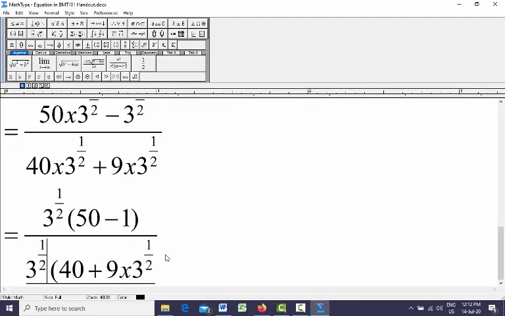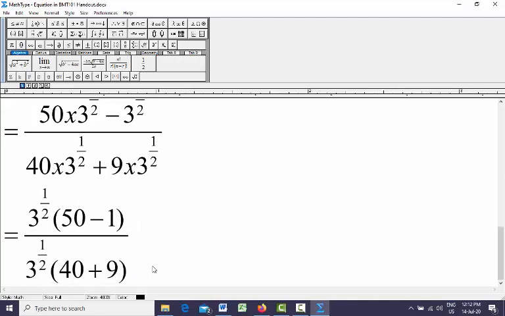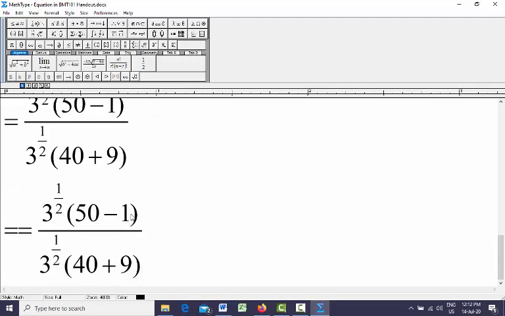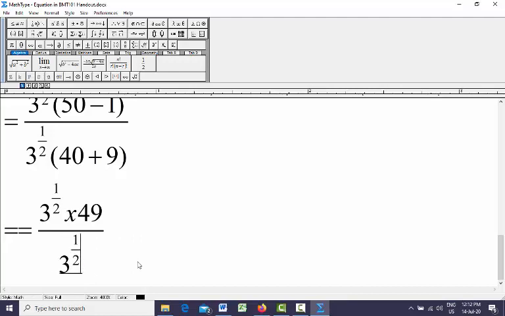Similarly, if you take these 3 to the power half common, we will have 40 from the first term, and then a plus, and since we have taken these common, we will have only 9 there. Right, so now 50 minus 1 is 49, and 40 plus 9 is 49.